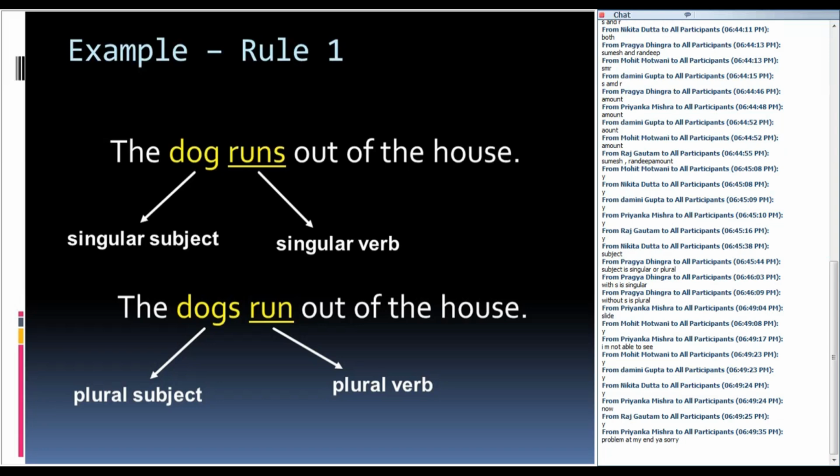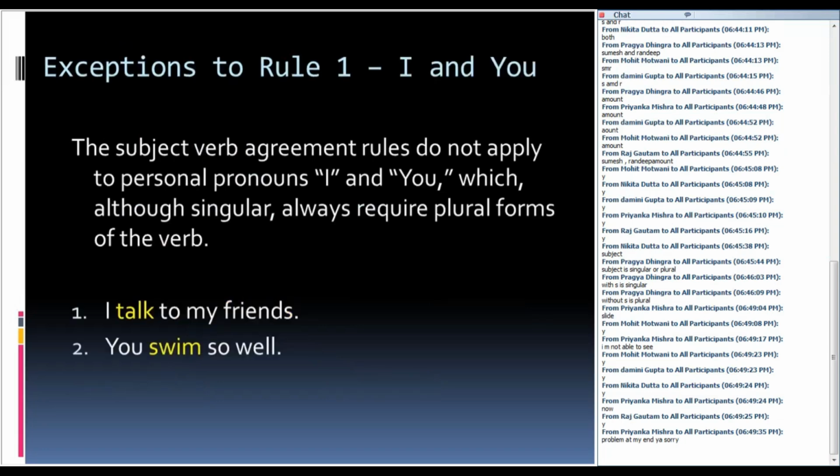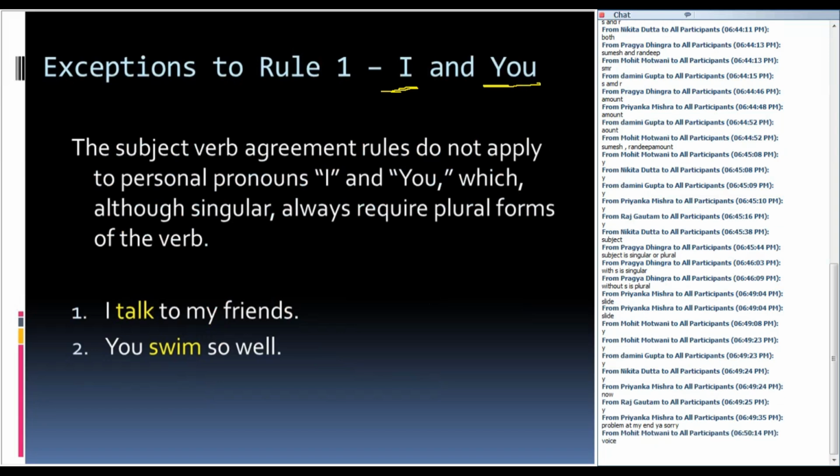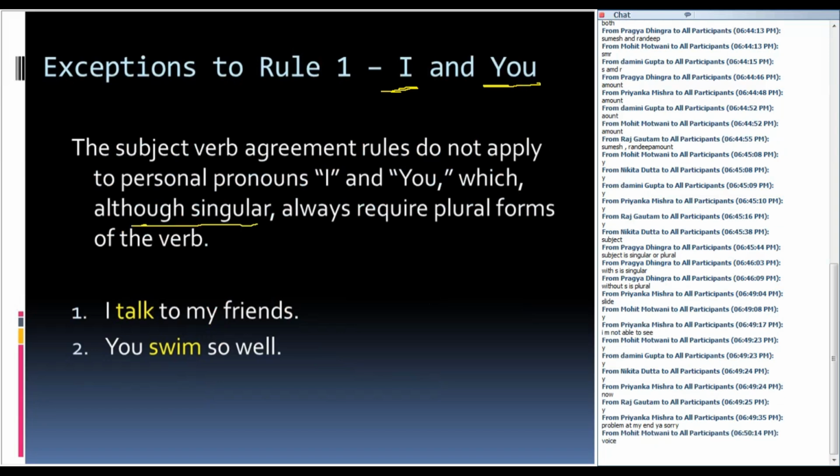The exception is that the words I and you, these two pronouns, even though they are singular, will always require plural forms of the verb. This is the exception to rule number 1.